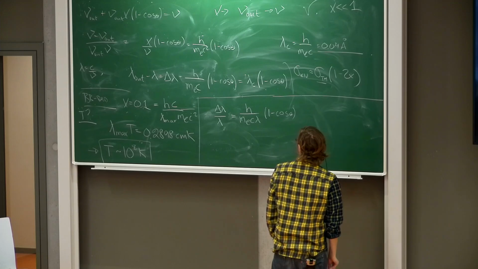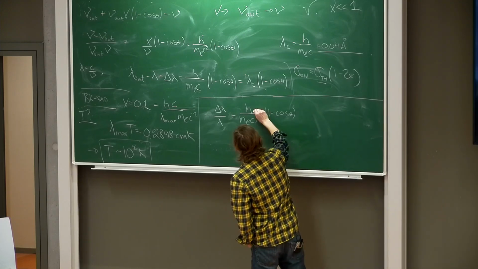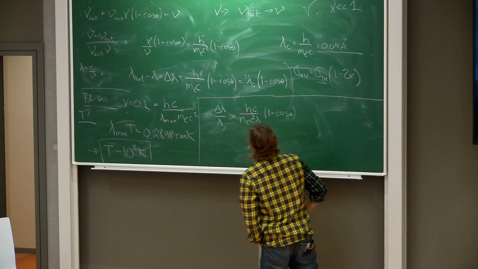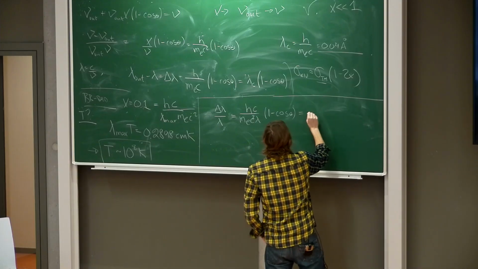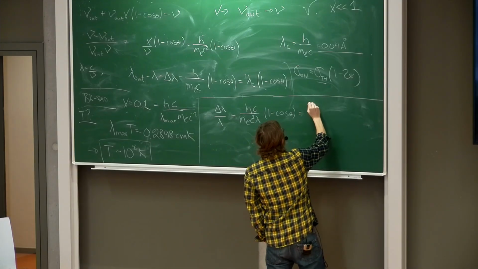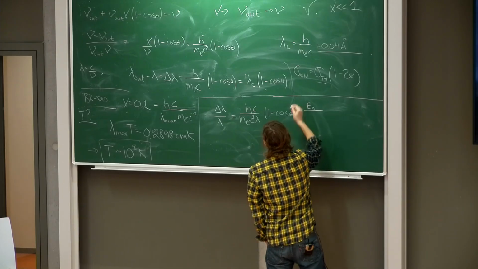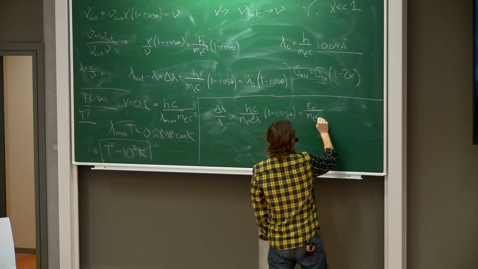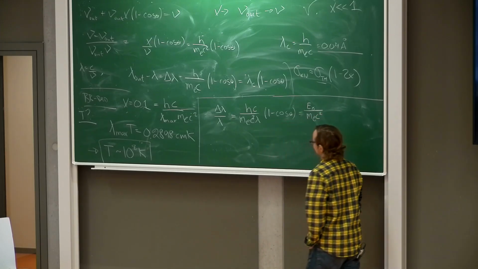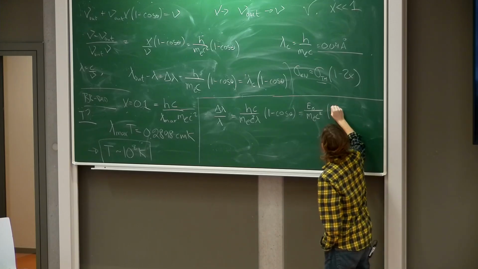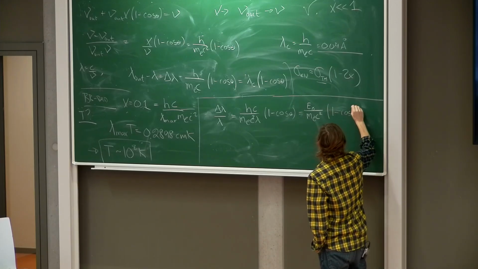But if we now multiply this with a c there and a c there, we see that hc over lambda is just the photon energy. So we can call this the energy of the photon, divided by the rest energy of the electron. And then we have 1 minus cosine of theta.